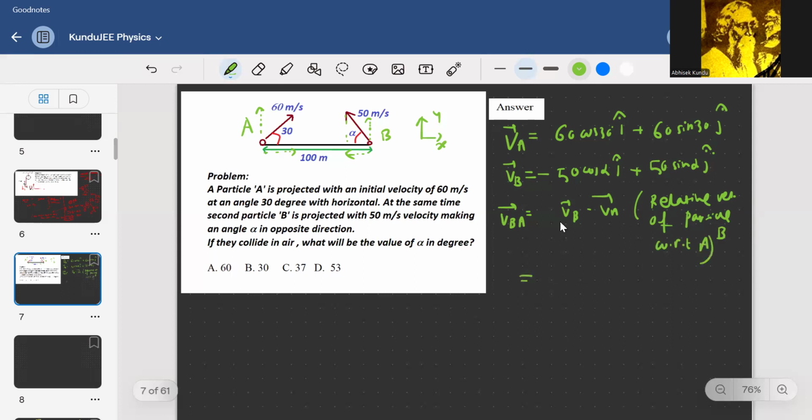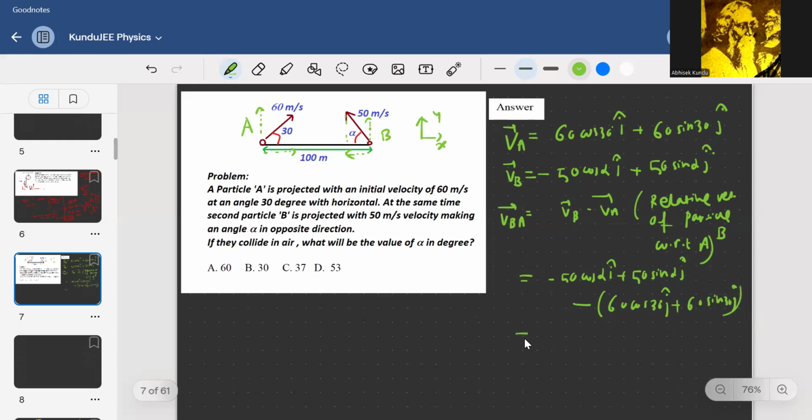What is that? This minus this: minus 50 cos alpha i plus 50 sine alpha j minus of 60 cos 30 i plus 60 sine 30 j.